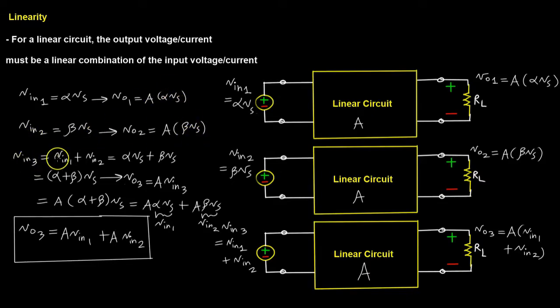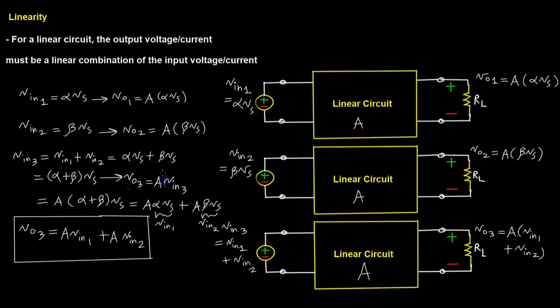If I have Vn3, which is a sum of the two inputs, I would express the total input as alpha Vs plus beta Vs. Then I apply that to the system, and at the output you would get A times Vn3. That's what you would expect: Vout3 should be A times Vn3.